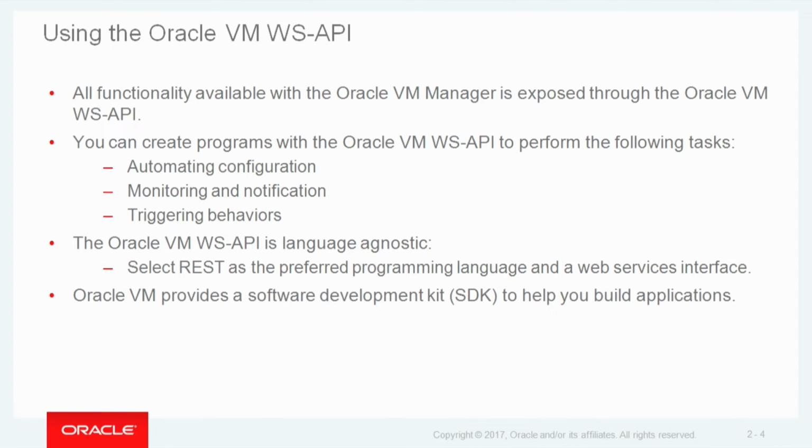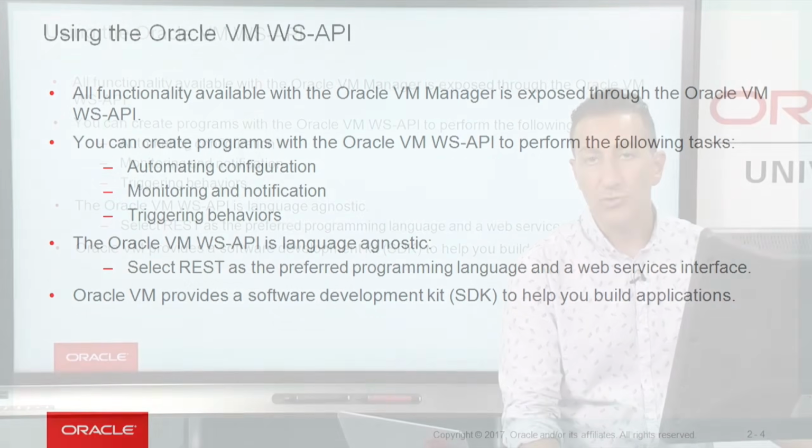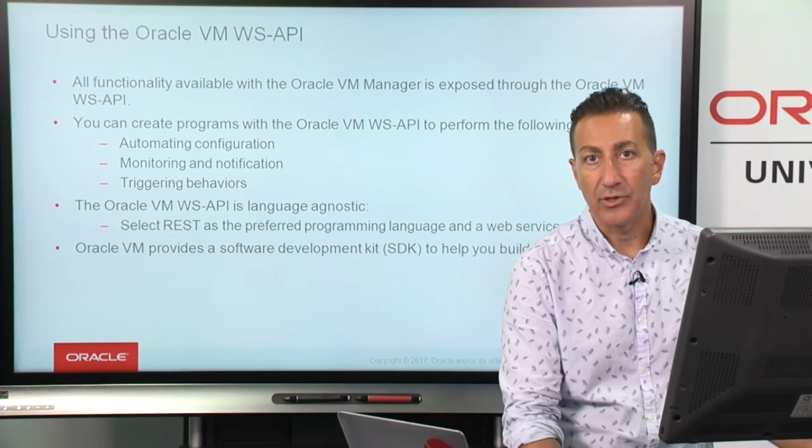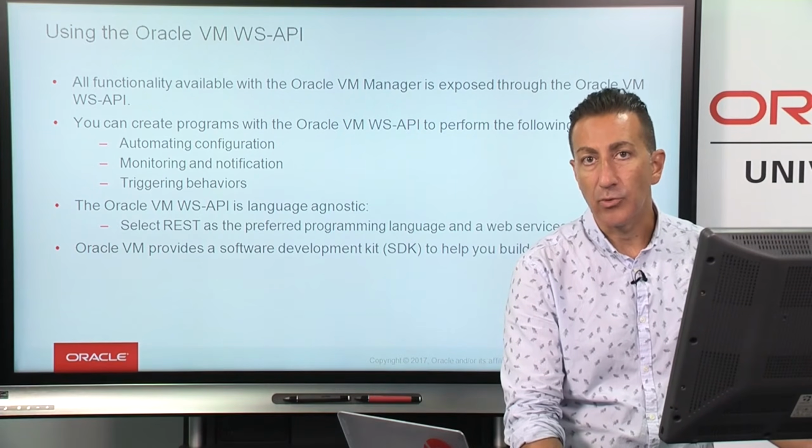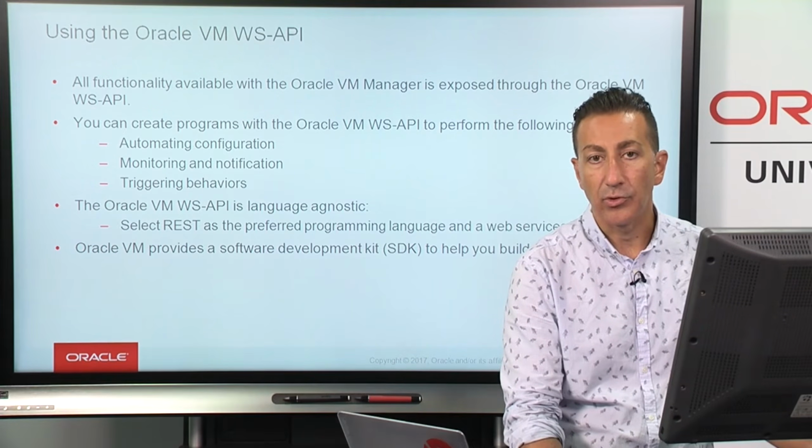So what I mean is that we use a plain protocol or encrypted protocol, HTTP or HTTPS. So we have, as you know, for most of the programming languages, libraries that work with this agnostic protocol. In addition to this, you have the option to use web browsers to do it, right, and so on. And we need to select REST as the preferred web service interface.